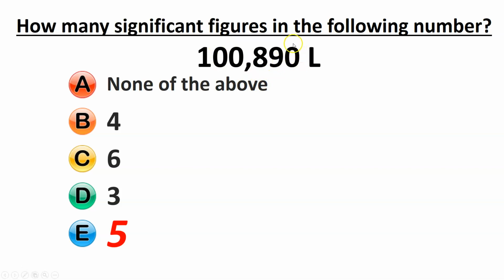Now this trailing 0 does not count because there is no decimal. So because there's no decimal, this does not count. We don't really know if this was 100,891 or was it 100,897? We don't really know what this last digit was. So it means it's not significant in terms of our level of uncertainty. We can't know how certain that number was.